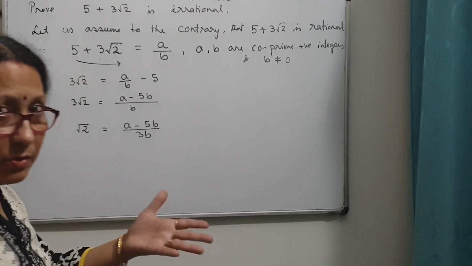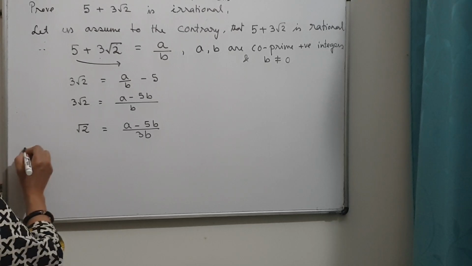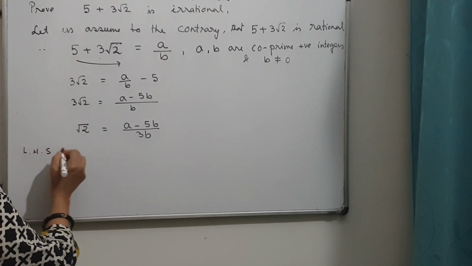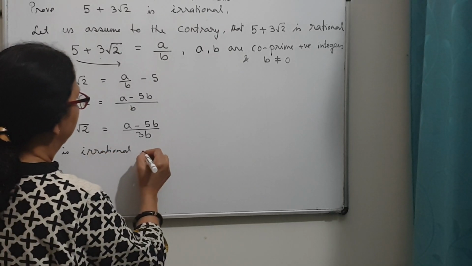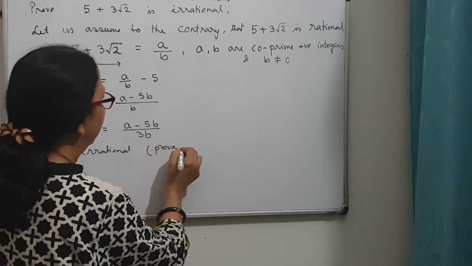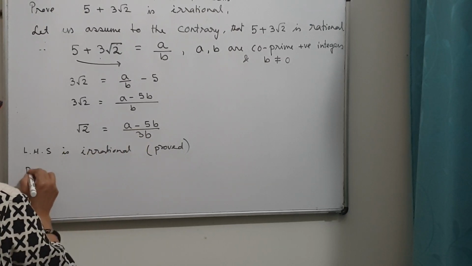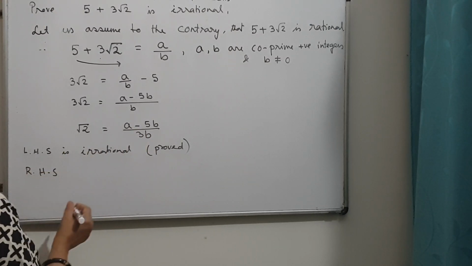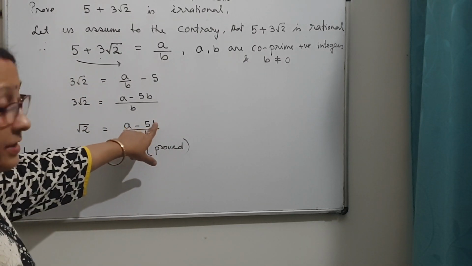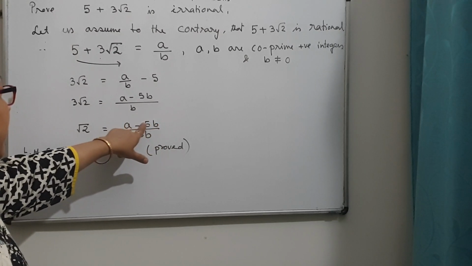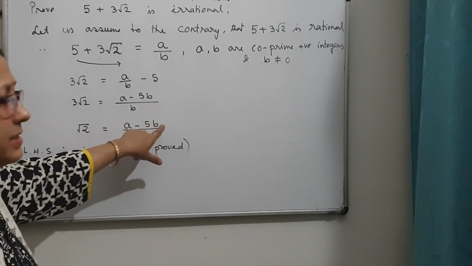Now our logical reasoning will start. You see, the left hand side is irrational. It is proved. And look at the RHS. Here a is an integer and b is another integer, so 5b is another integer, and the difference of two integers is another integer. So a minus 5b is an integer.